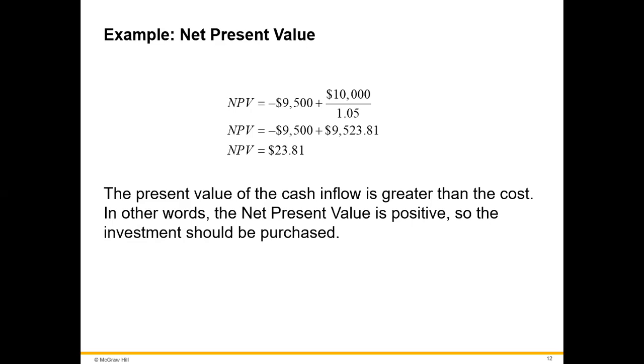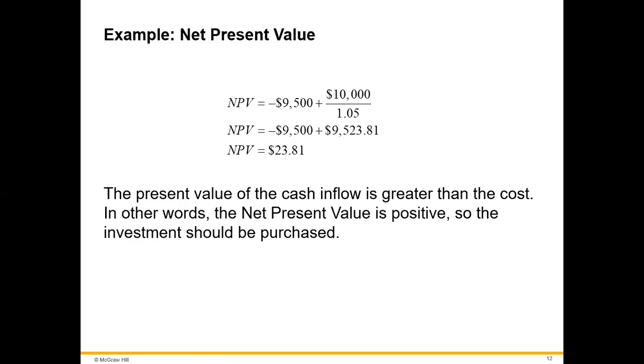So what we do with net present value is we compare today's value across all the cash flows from that investment. So if you're going to pay $9,500 today, you're going to expend negative $9,500. What are you going to receive in the future? Oh, $10,000. Well, to truly see, should I pay $9,500 for that, you have to see what's the value of that $10,000 in terms of today's dollars, $9,523.